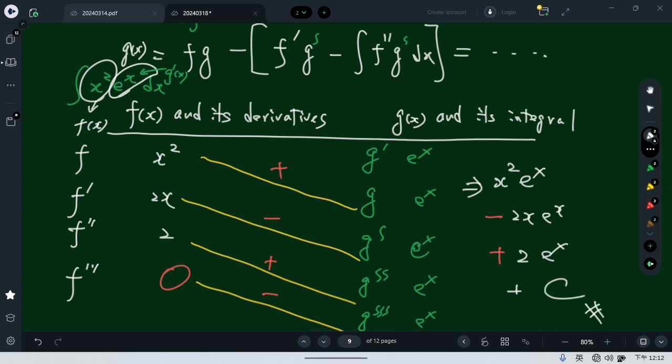So this is the tabular method. Actually, tabular is not new. It's also based on integration by parts. But you can just list out f and its related derivatives, and g with its integrals, then just cross multiply terms together, then you can get the result.